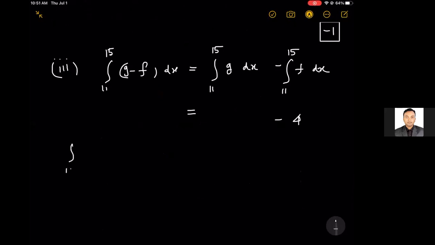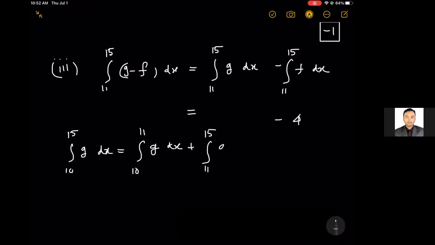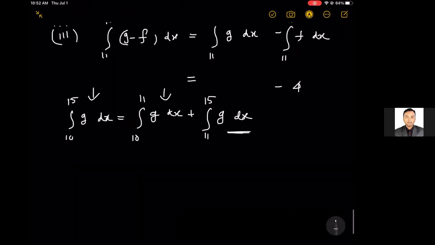We know 10 to 15 of g can be written as 10 to 11 of g plus 11 to 15 of g. We know this value, we know this value, and we're looking for this one.